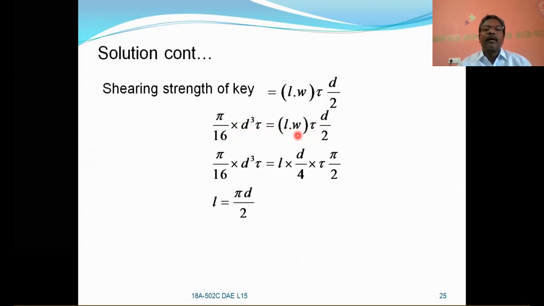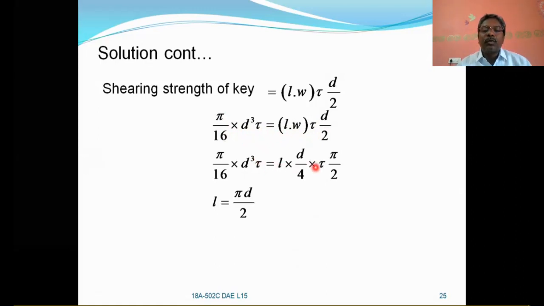As per the given data, the material of the key as well as the shaft is the same. Thereby, the torsion shear stress induced in the shaft is also the same as the shearing stress induced in the key.